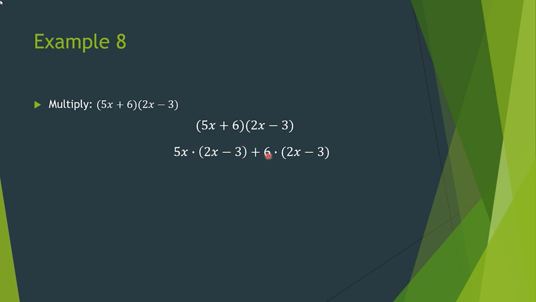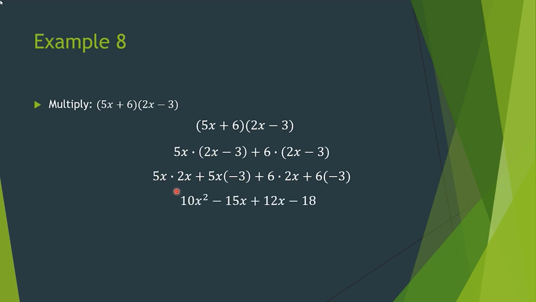And then you would distribute that again, right? So the 5x is going both to the 2x and a negative 3, and then 6 is going to each of those. And then you would simplify these. So that would be 10x squared minus 15x plus 12x minus 18.